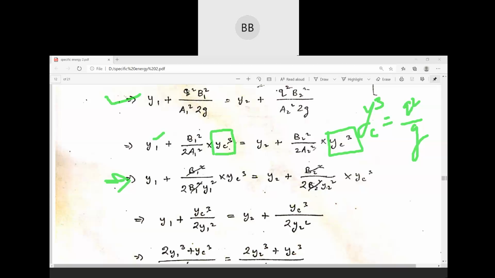Similarly here also, in place of A2, we can write b square multiplied by y2 square. So b square will be cancelled out here, and here also b square will be cancelled out. You can write down the remaining. So you can see that the remaining will be y1 plus yc cube divided by twice y1 square. Here also y2 plus yc cube divided by twice y2 square.